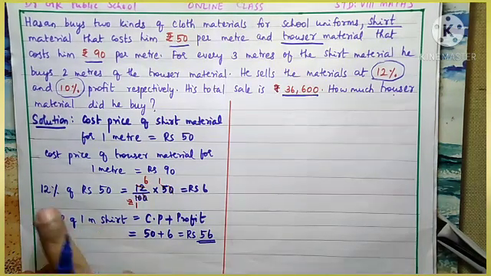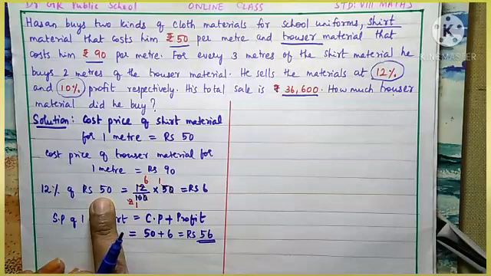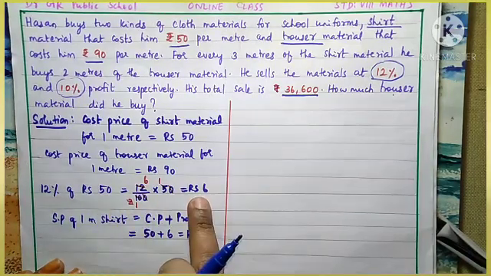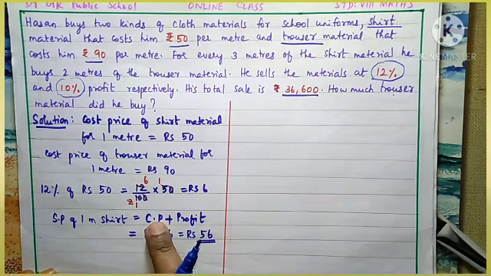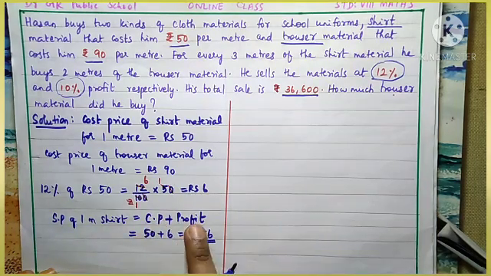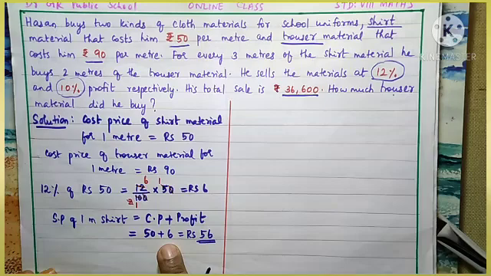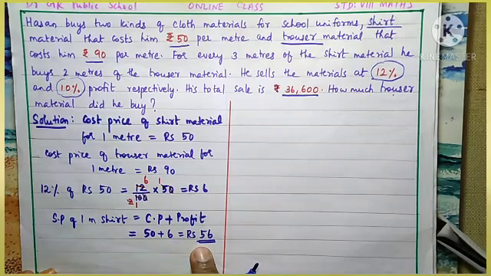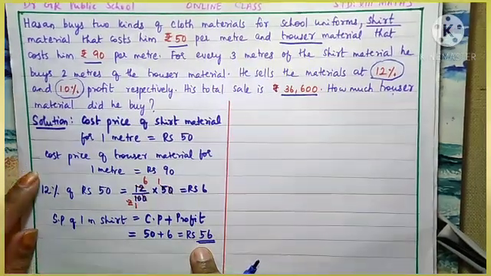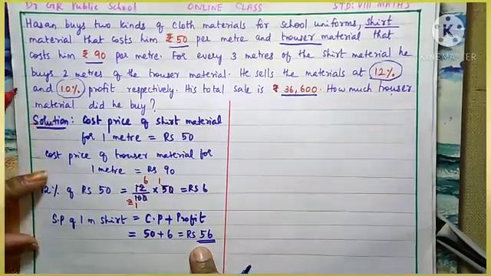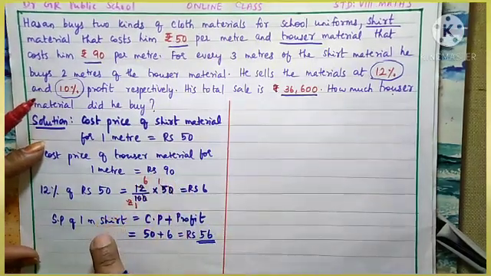Understand? So 12% of rupees 50 we calculated, it came rupees 6, and this 6 rupees we added with the cost price of 1 meter of shirt, so that the selling price of 1 meter of shirt is rupees 56. Understood? Now we need to calculate the selling price of 1 meter of trouser using the same method.